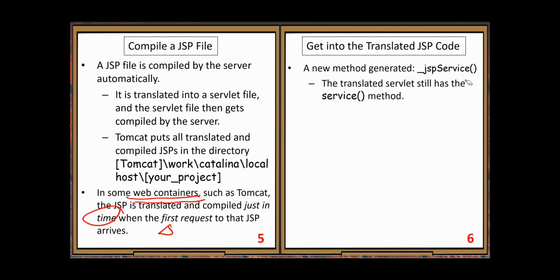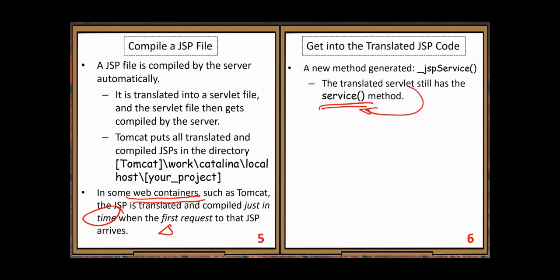All right. The translated servlet still has the service method. Remember, each servlet should have the service method, because the translated file is a 100% servlet. It has the full structure of the original servlet. So there is no compromise there.